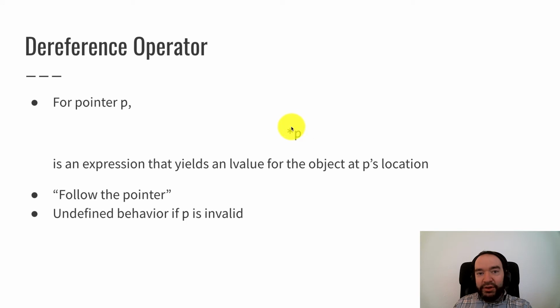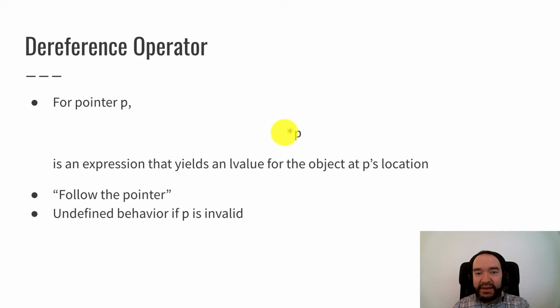Now remember that a pointer can be valid or invalid, and if p is a valid pointer, this works great, no problem, but if p is an invalid pointer, you get undefined behavior. What that means in the standard technically is that the program could do anything. It's undefined, it could crash, it could erase values in memory, it could allow a virus to get installed, I don't know, anything, it could break something physically.